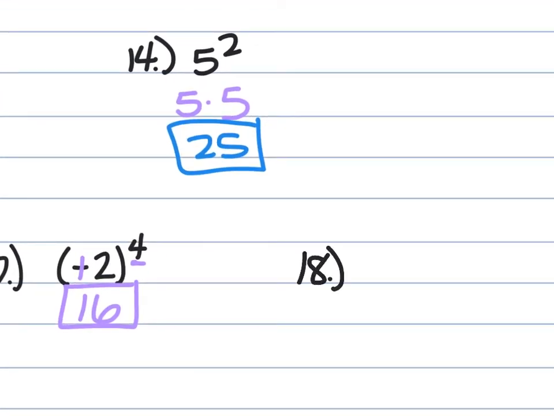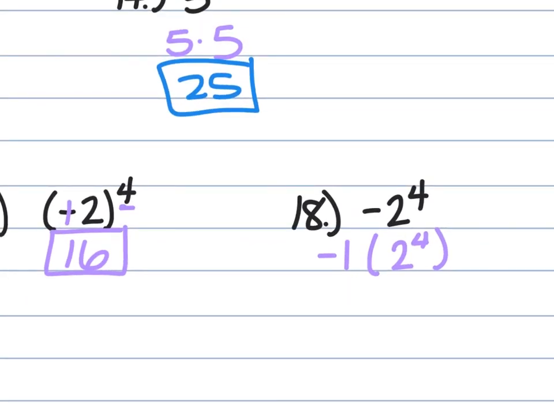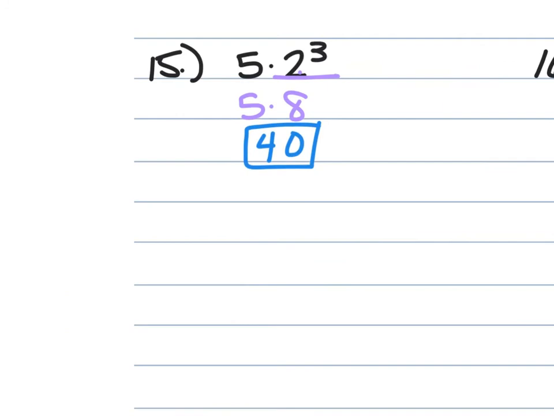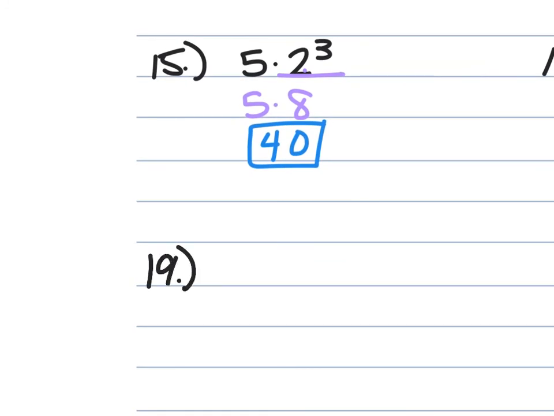For 18, they give us a negative 2 to the 4th power. So this is negative 1 times 2 to the 4th power. The 2 to the 4th power we said was 16, so negative 1 times 16 is negative 16. For 19, we have parentheses 2 plus 3 to the 2nd power.